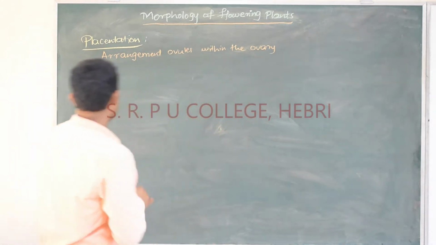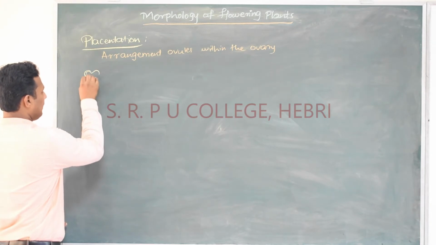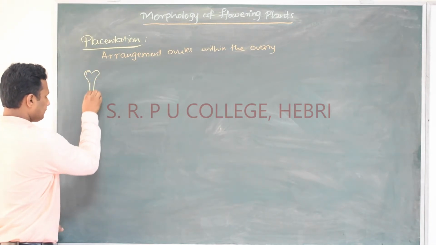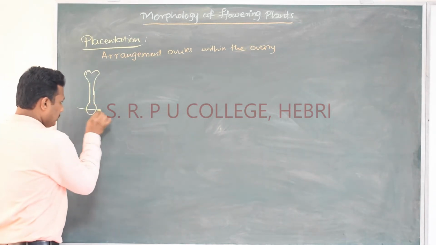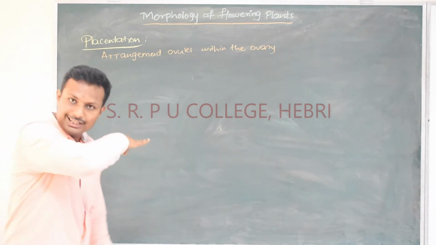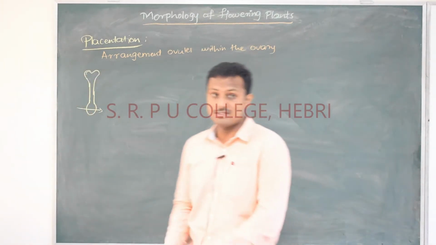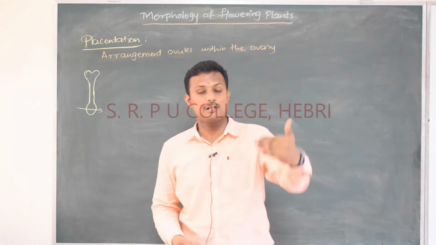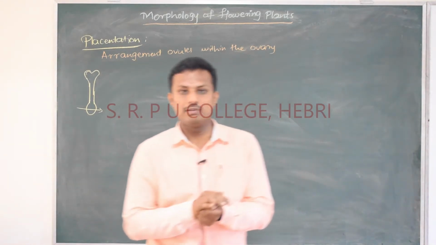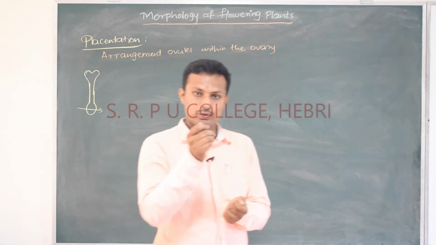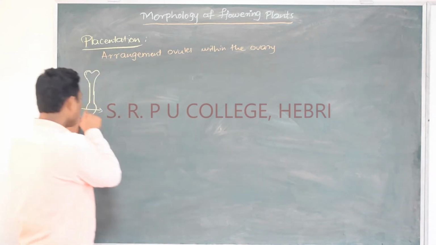See, this is the ovary, the structure of the carpel that you just studied. When you cut open the swollen ovary and take the cross section, you will study this in practical classes. In the second year, the first experiment is exactly this: you take the cross section of the ovary of an angiosperm and study the structure of placentation.